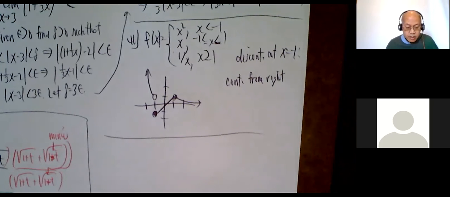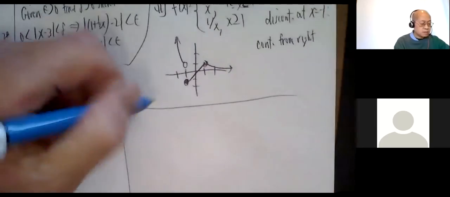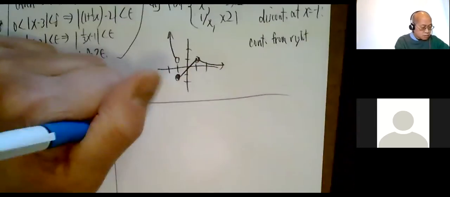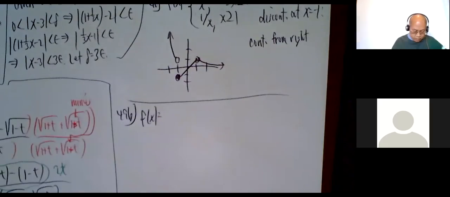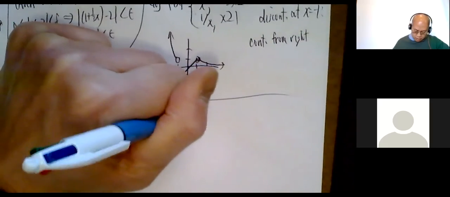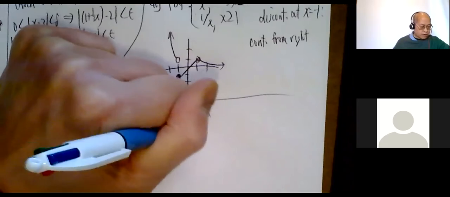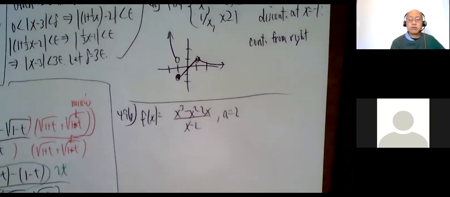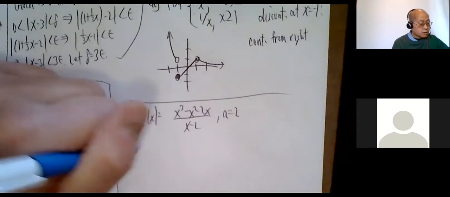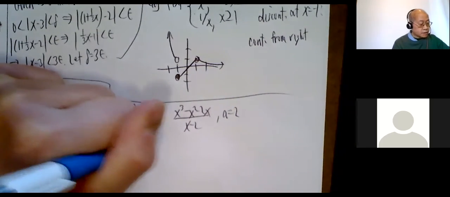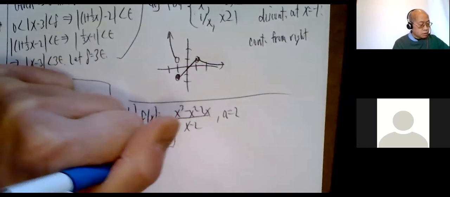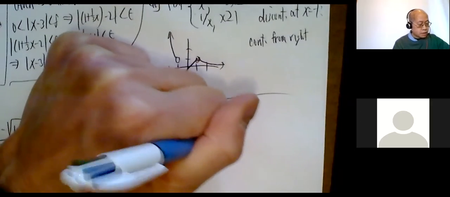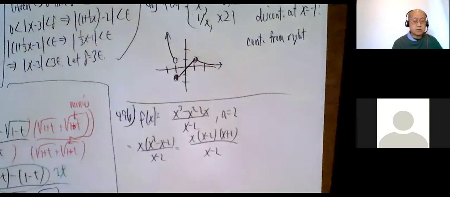And let's see, 49b. f of x is equal to x cubed minus x squared minus 2x over x minus 2 at a equals 2. Is there a way to remove the discontinuity? Okay, so let's factor the top. x times x squared minus x minus 2 over x minus 2 equals x times x minus 2 x plus 1 over x minus 2.